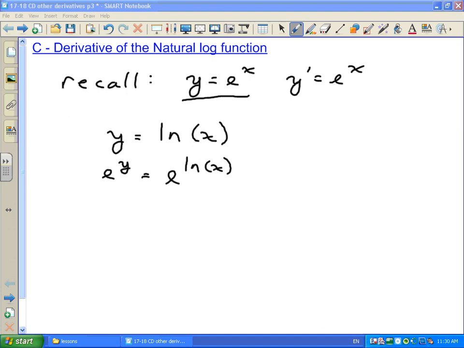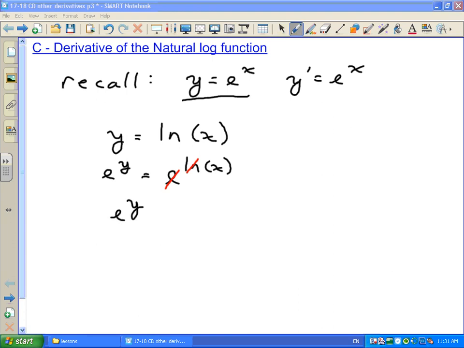And I can do that as long as I do the same thing to both sides. And if I've got e to the ln x, we remember that if we've got a base of e and the logarithm of the same base up in the exponent, these two things essentially cancel each other out.